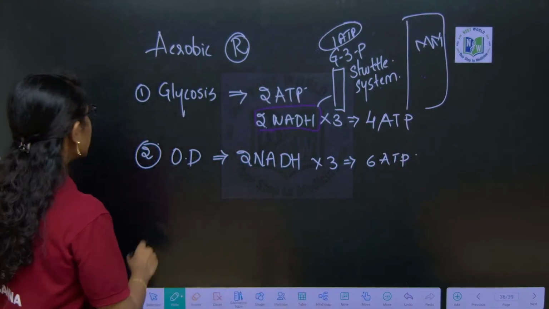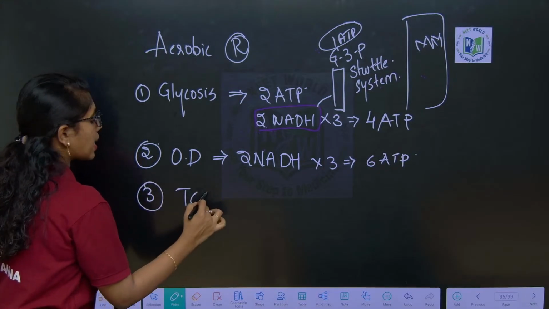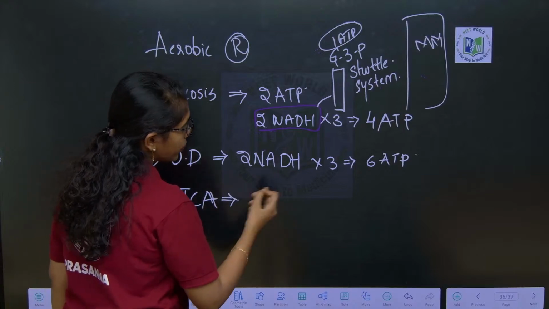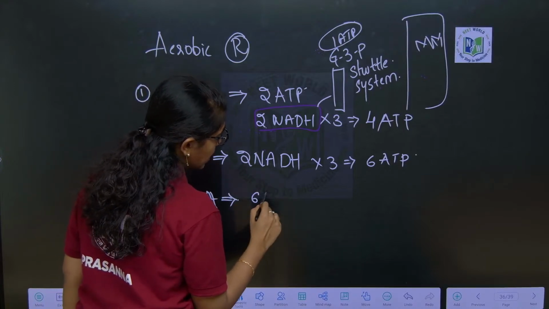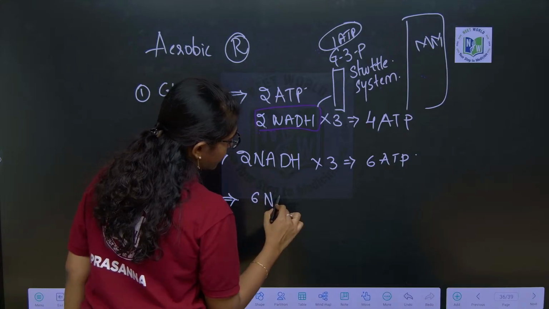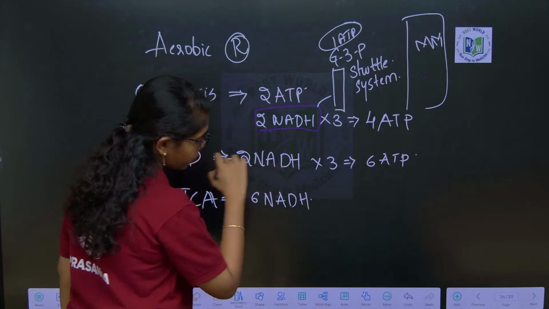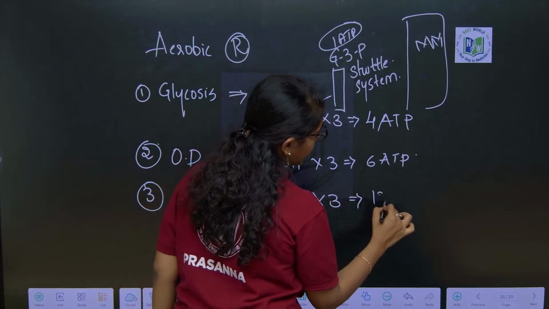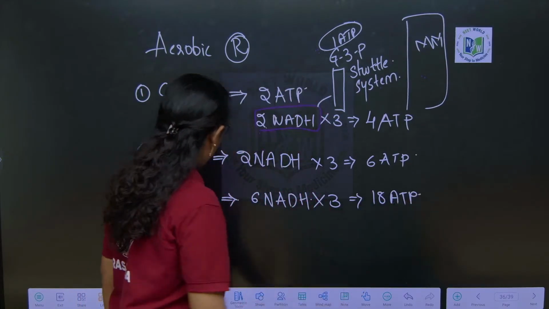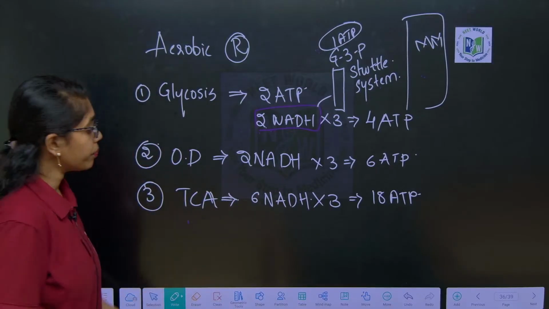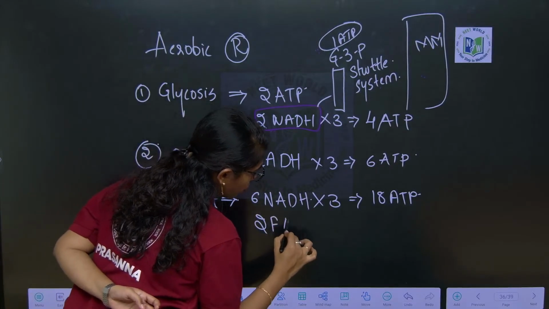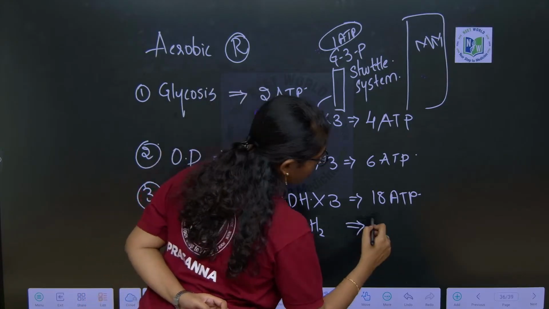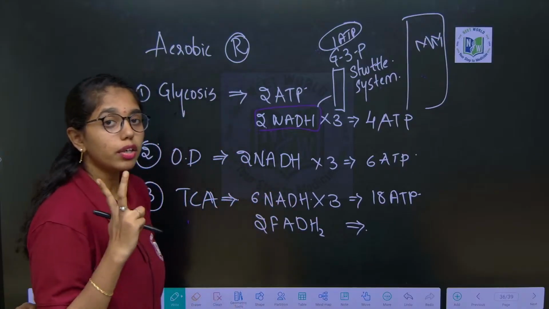And lastly, in the TCA cycle, tricarboxylic acid cycle, you can see at 3 points, that is 6 NADH into 3, that is 18 ATP for one glucose molecule, that is 2 cycles of TCA, and 2 FADH2, that is 2 into 1 FADH2 is equal to 2 ATP.